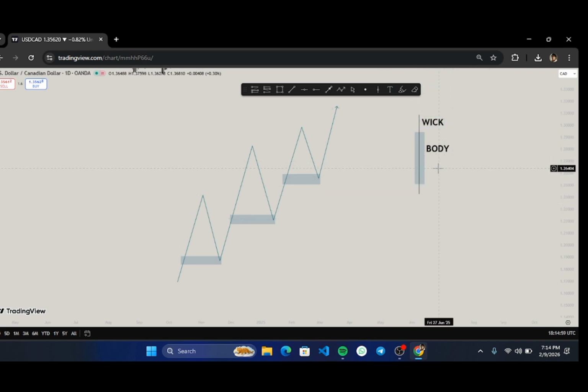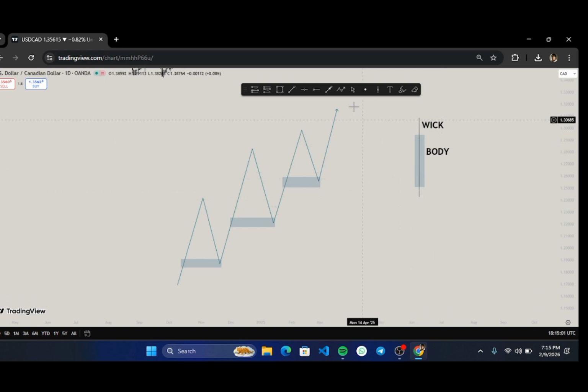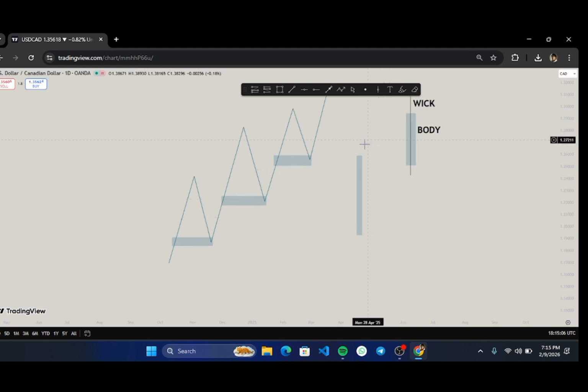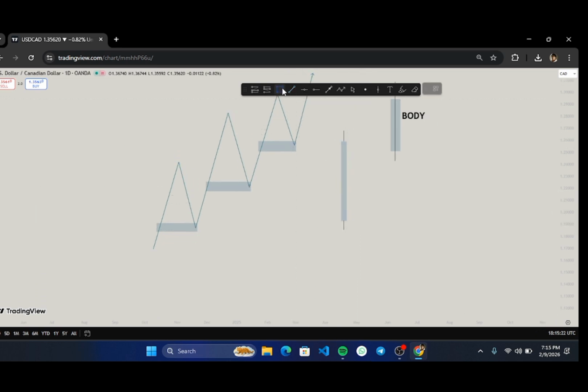Now, when the market creates a big gap and gives a little wick, just like this, let's say it created another wick here, then there was a candle that was printed before it that also had a wick.